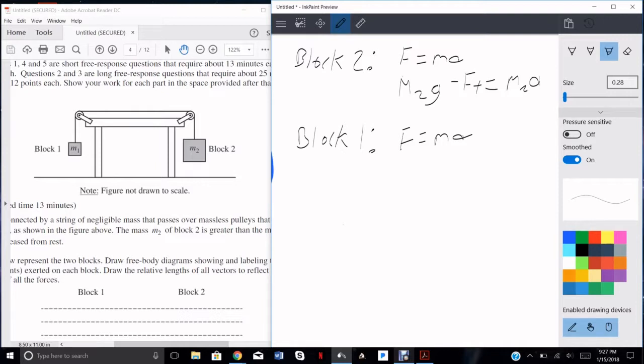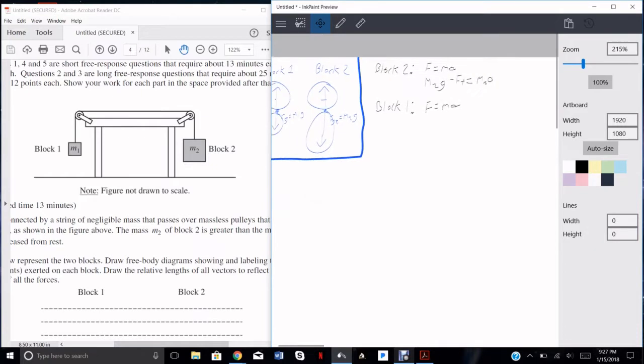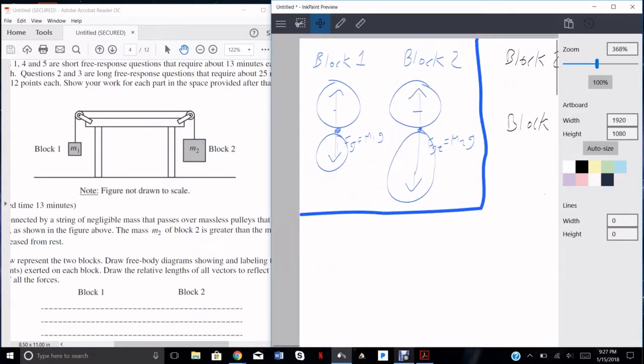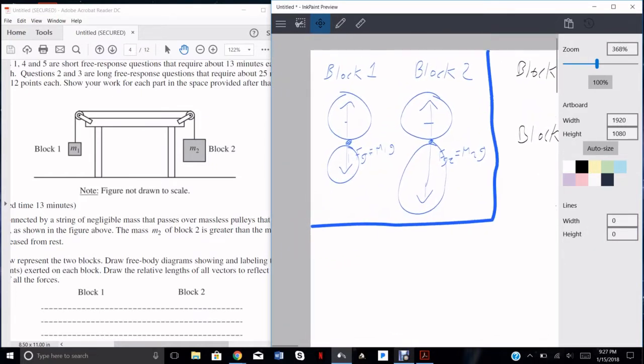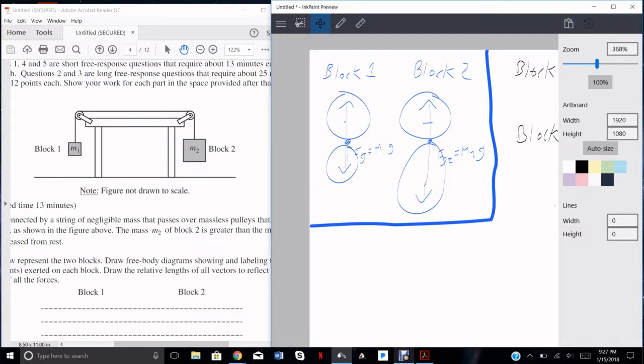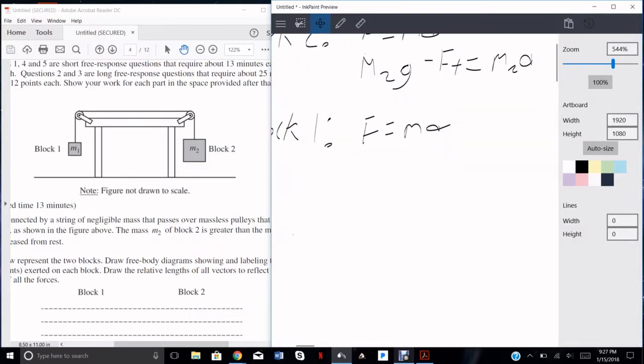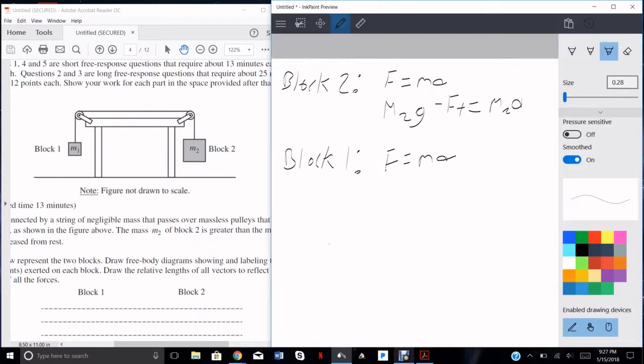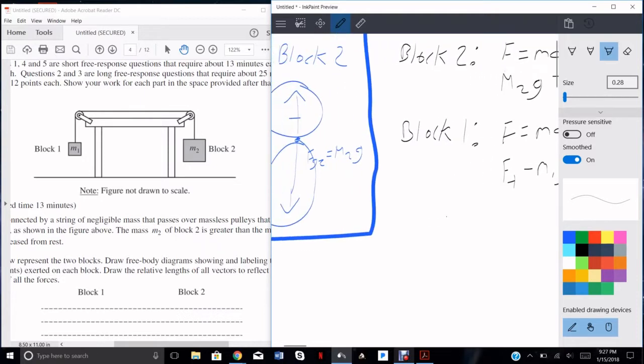If the block is moving in the upward direction, as shown by the free body diagrams, and the force due to gravity is less than the force due to tension, the block will be moving upwards. We plug this into the equation as force of tension minus m1g, which is the force due to gravity. That's the net force on block 1.